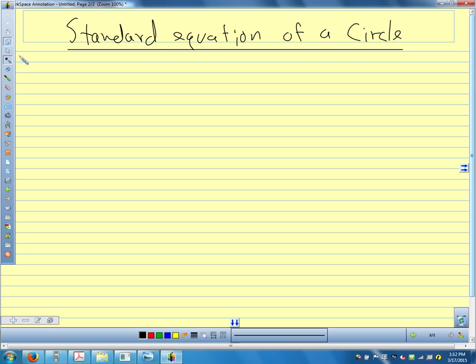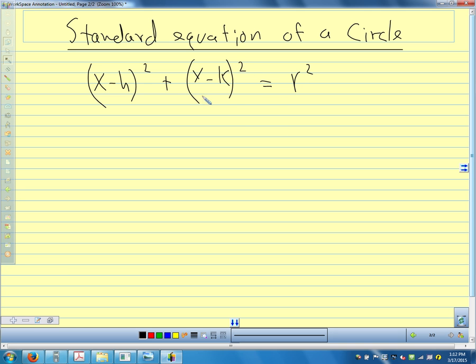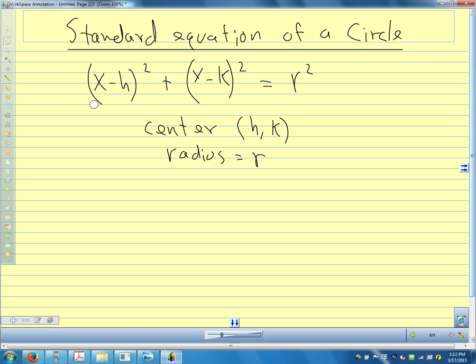We'll come up with standard equations of all of our shapes. (x minus h) squared plus (y minus k) squared equals r squared. And our center is at the point (h, k), and radius equals r. And this comes directly from the distance formula.